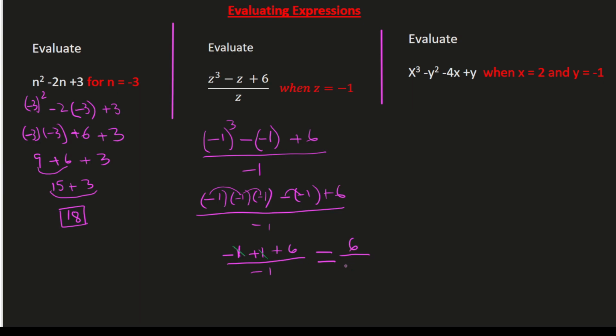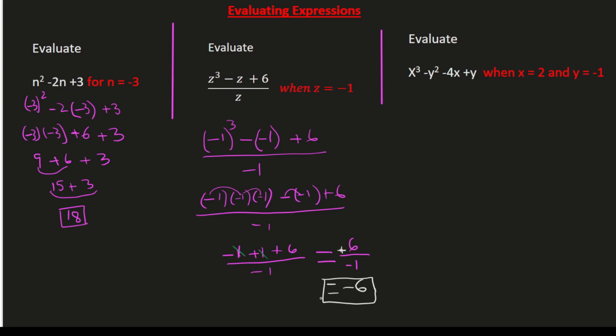But this is 6 over negative 1. So we divide 6 by negative 1. It's like there is a plus here, they don't write that plus, but it's like plus divided by minus. This is minus. So 6 times 1 is 6, so negative 6. This is the value that we got here.